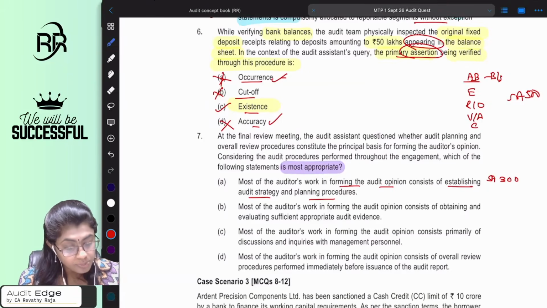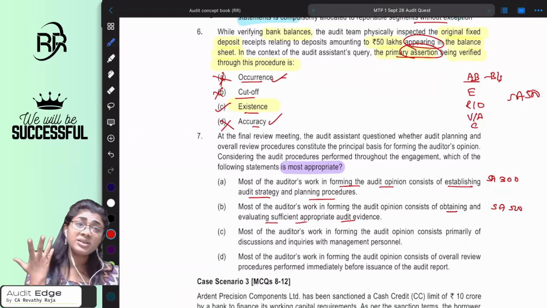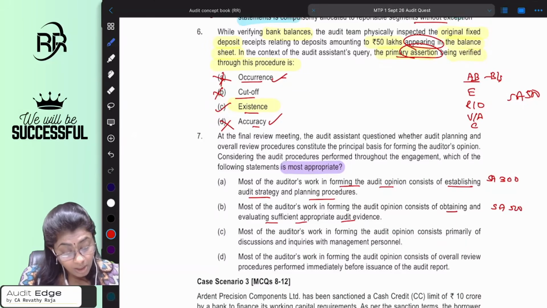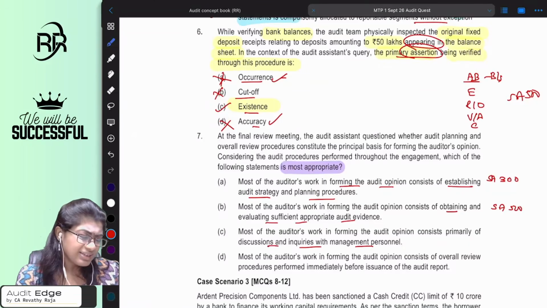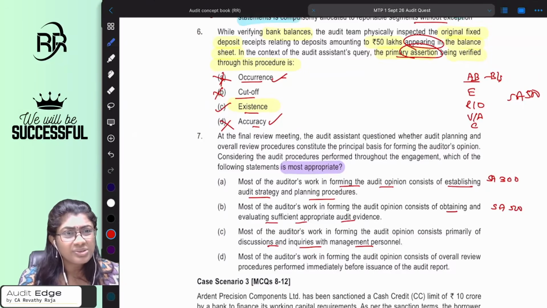Most of the auditor's work in forming an opinion consists of obtaining evidence and evaluating. In SA 500 and even in SA 200 we say this. Most of the auditor's work in forming an opinion is discussing and inquiring of management personnel. See, inquiring is one of the procedures as per SA 500.